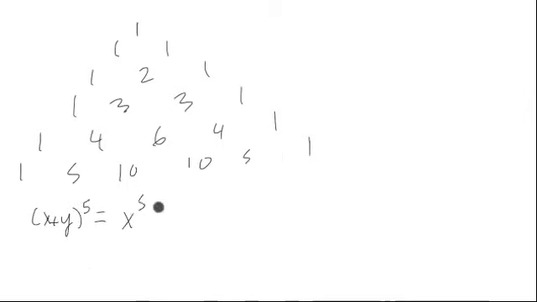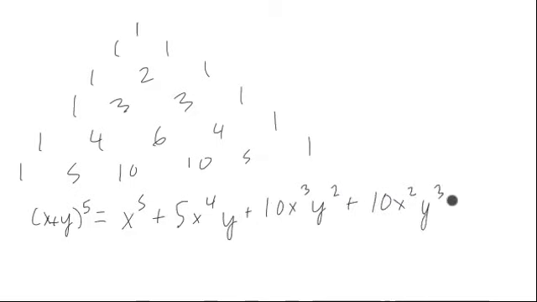It would be x to the 5th plus 5x to the 4th, put a y, plus 10x cubed, put a y squared, plus 10x squared, put a y cubed, plus 5x, put a y to the 4th, plus y to the 5th. Notice these exponents always add up to 5 when we add them together.